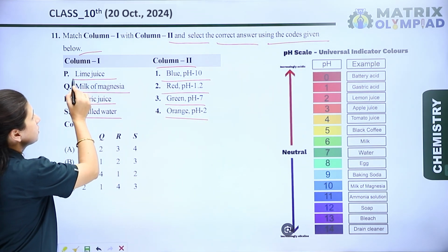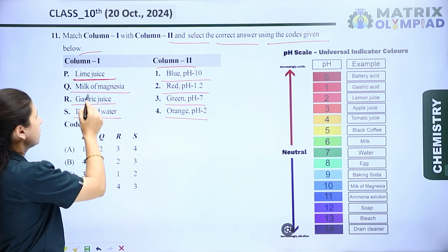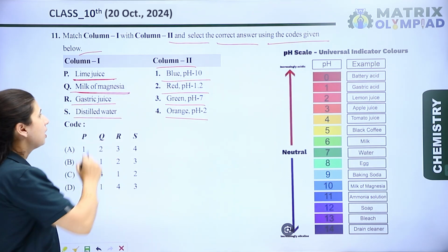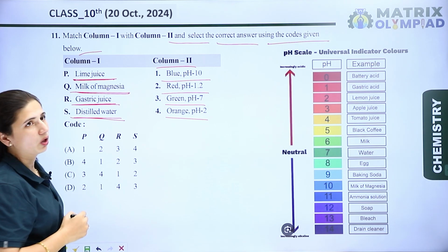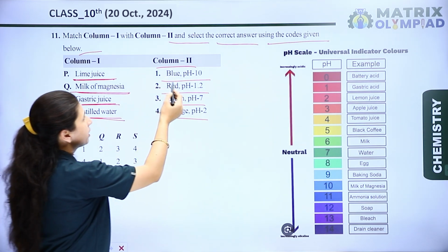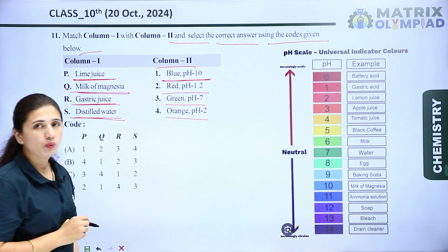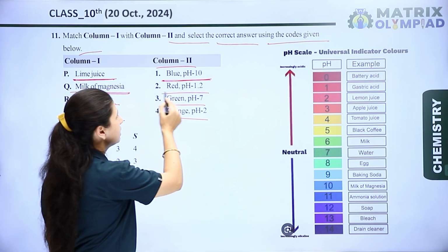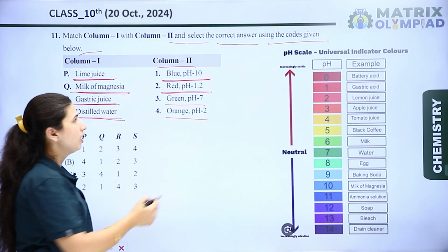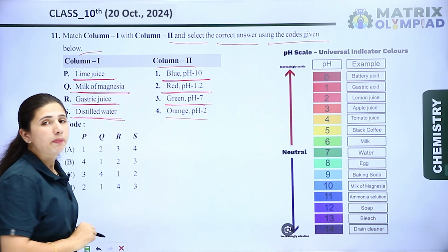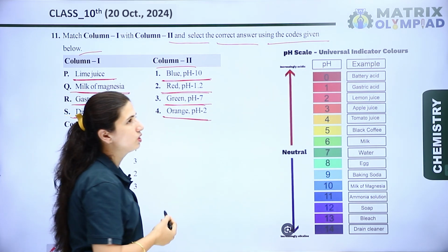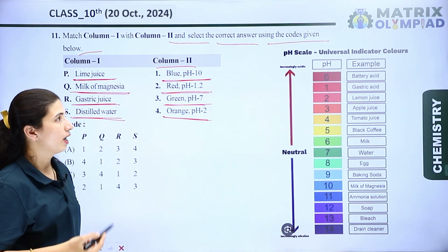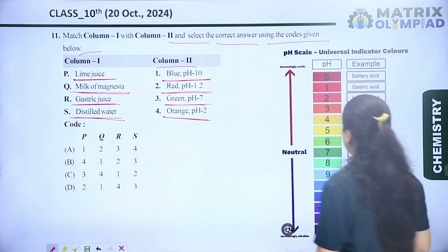The first is lime juice, second is milk of magnesia, R is gastric juice and S is distilled water. In column second, first is blue with pH 10, second is red with pH 1.2, third is green with pH 7, and the fourth is the orange color substance which has pH 2.